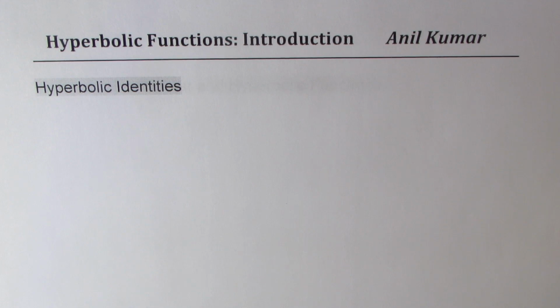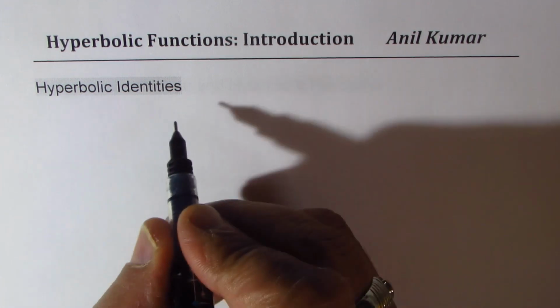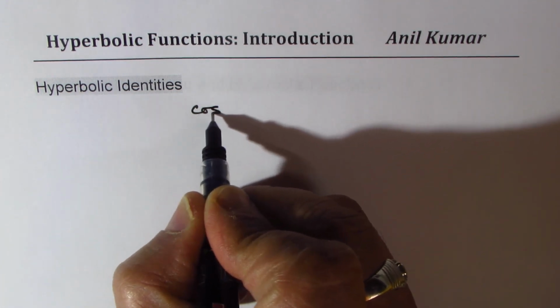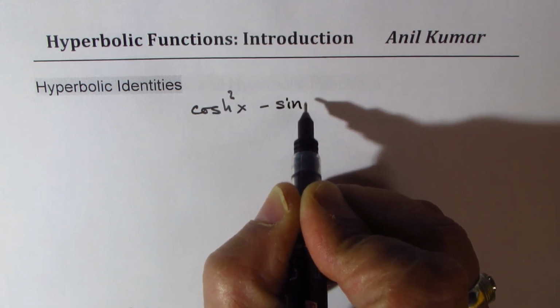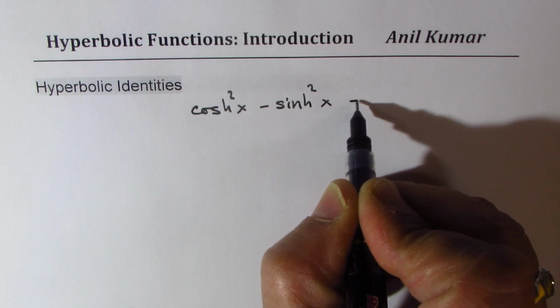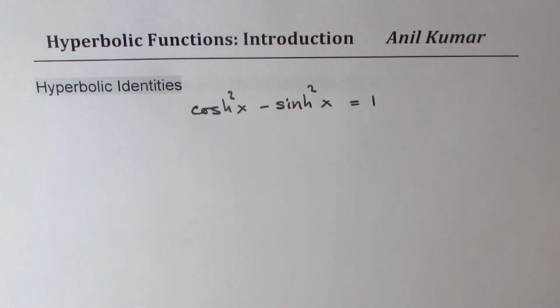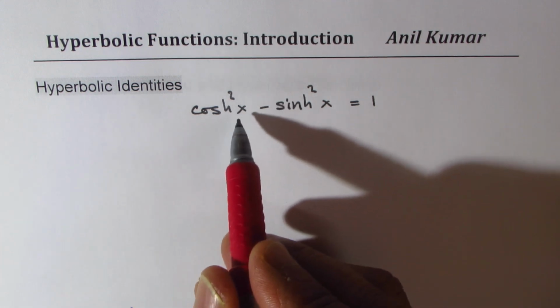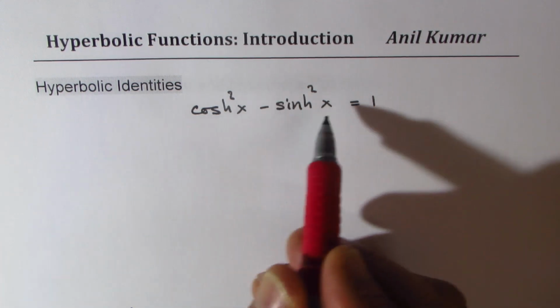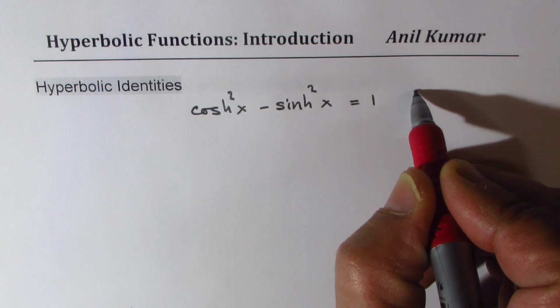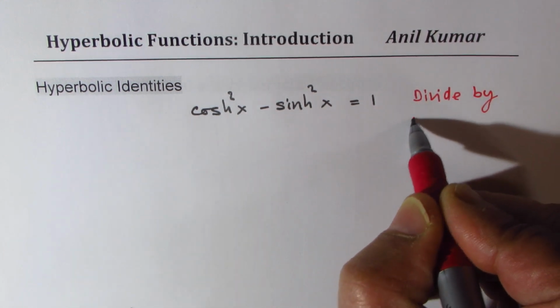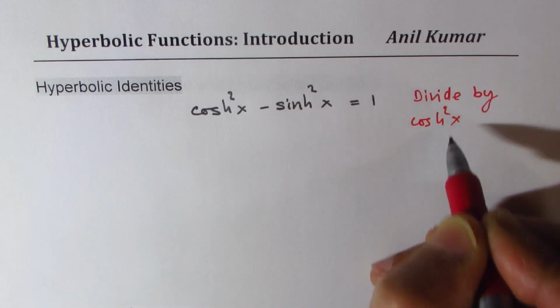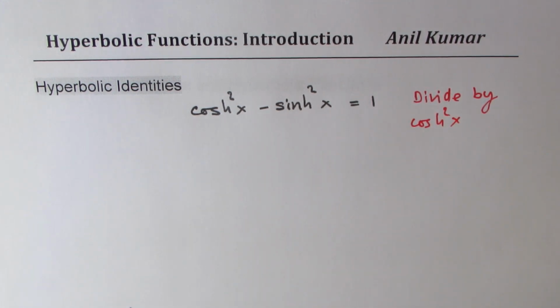Now let's also take up the other identity, beginning from cos hyperbolic square x minus sine hyperbolic square x equals 1. We just proved it. Now if I divide by cos hyperbolic square x for each term, what happens? Let's divide and then see what happens, right?